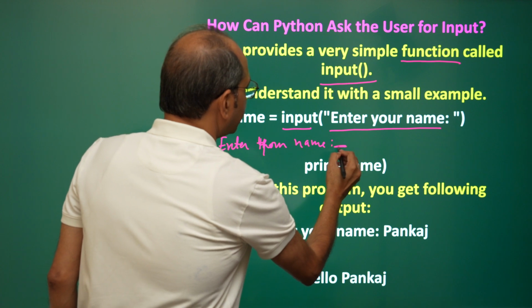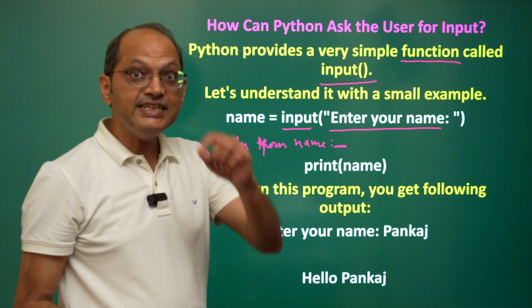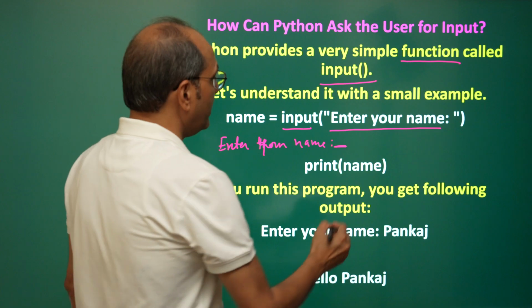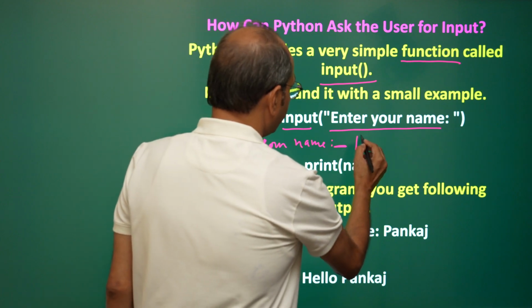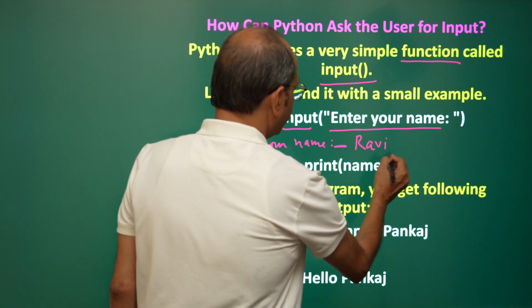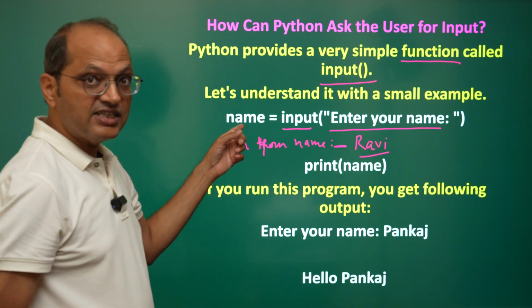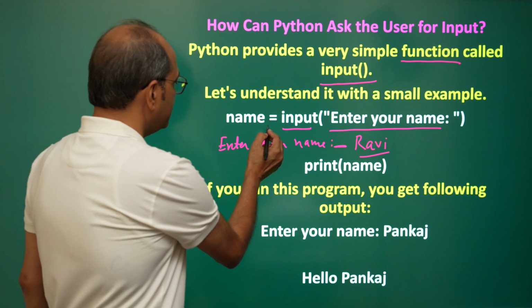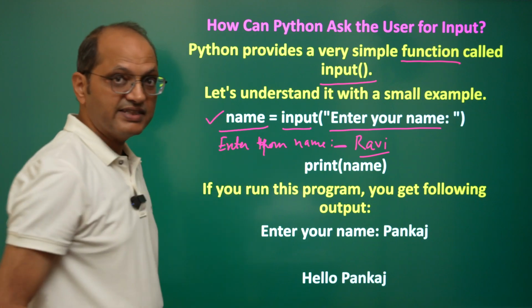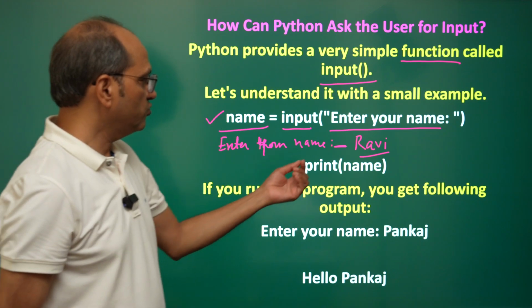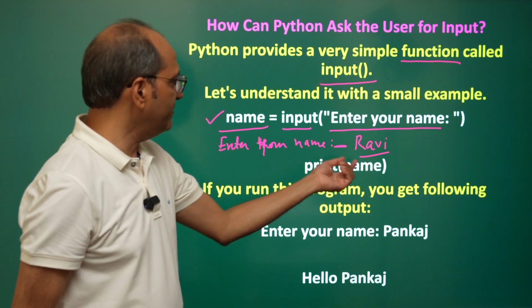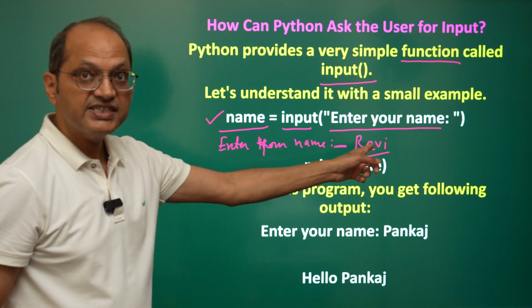And then the cursor keeps on blinking here until you write something. Suppose you have written something, for example, Ravi, then this data is stored in this variable, name. Thereafter, if you print the name, it will print the value as Ravi.